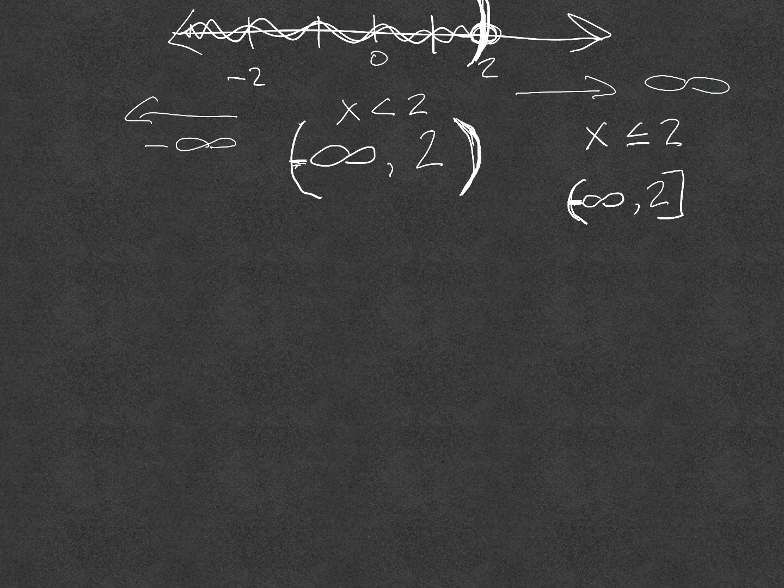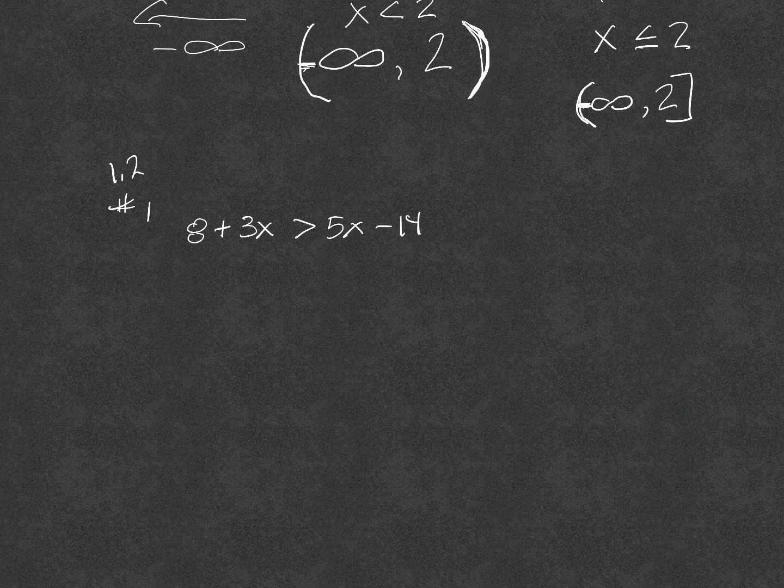So if we have something a little more complicated, I would like to just go ahead and do one of your exercises to show you. So in 1.2, number 1, we have 8 plus 3x is greater than 5x minus 14.